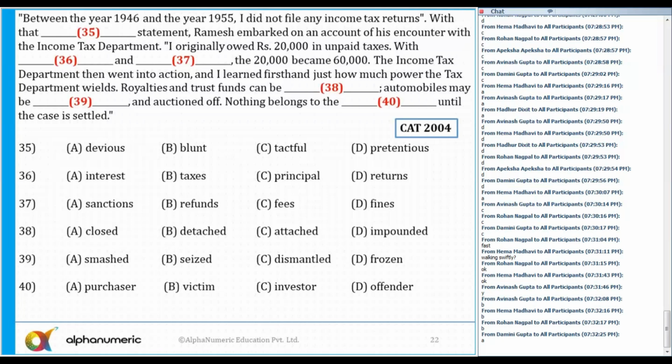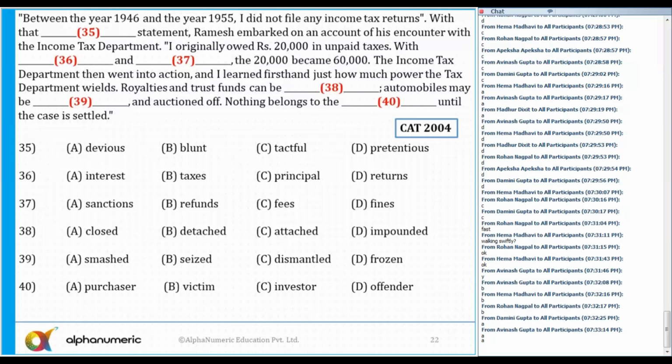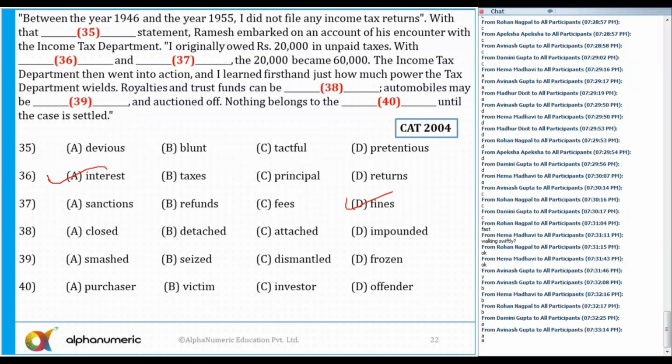I think first there's going to be taxes. I originally owed 20,000 in unpaid taxes.